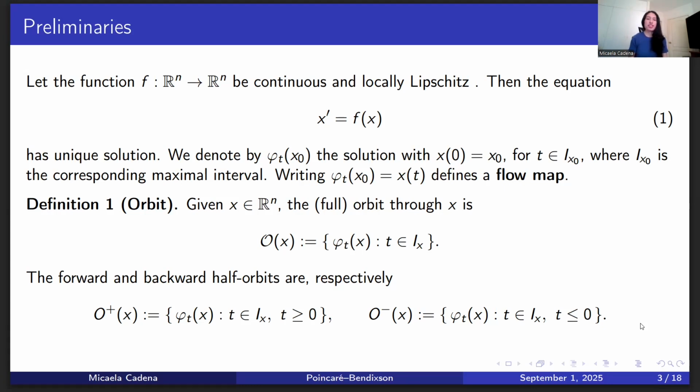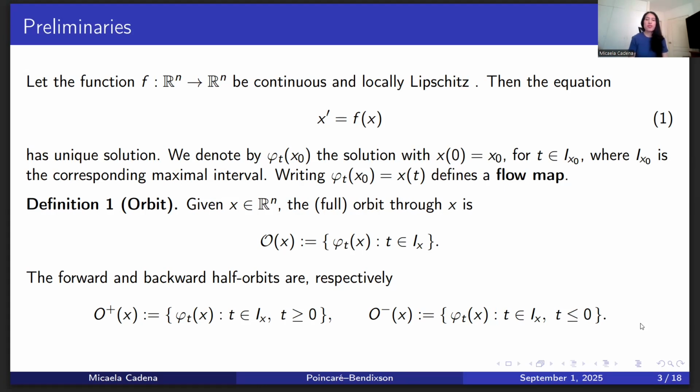Our first definition is the definition of orbit. Given a point x in R^n, the full orbit through x would be defined by the set of solutions such that t belongs to the maximal interval. We also define forward and backward half orbits.